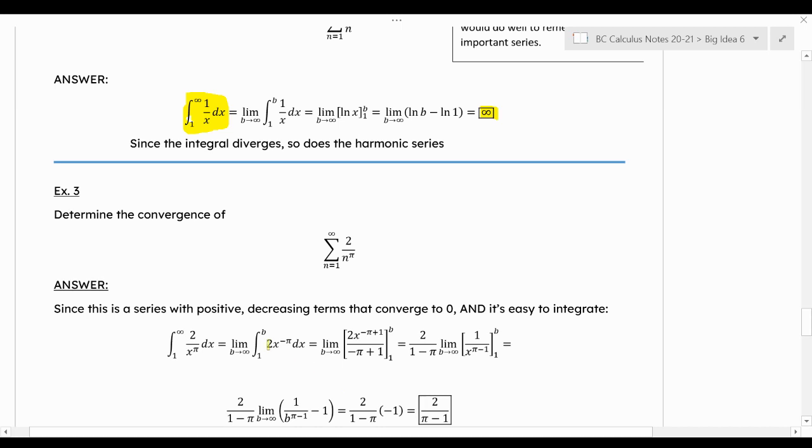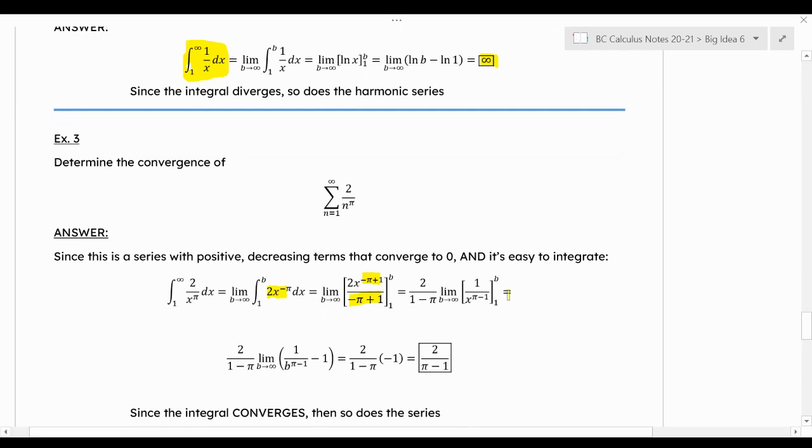That's 2x to the negative pi. So we'll add 1 to that and divide by that new power. So the limit as b goes to infinity is going to work out to be, look at all that beauty down there. It's going to work out to actually be 2 over pi minus 1.